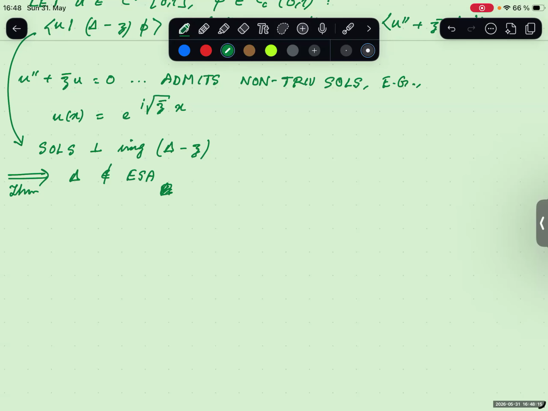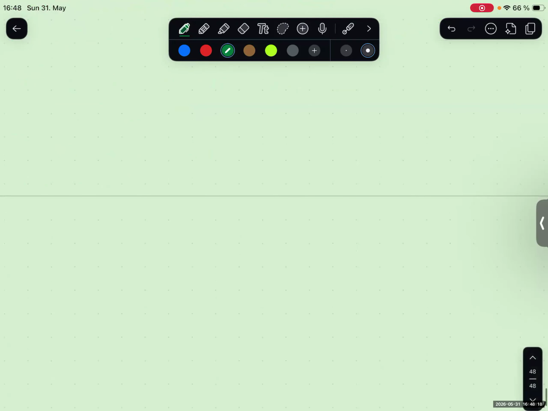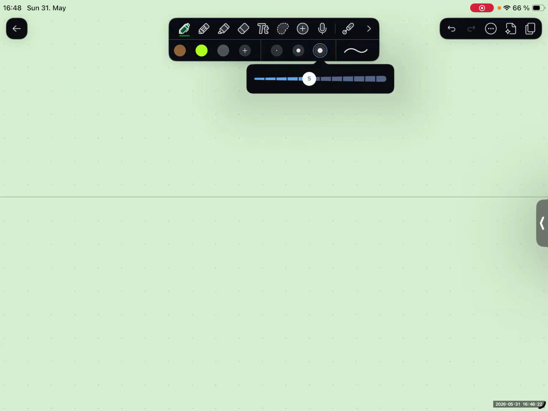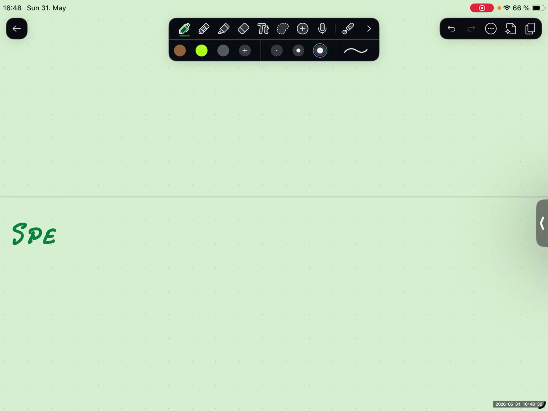All right, then let's go to the next section. The next section is the spectrum. To motivate what we mean by spectrum, I hope all of you can recall the notion of eigenvalues.